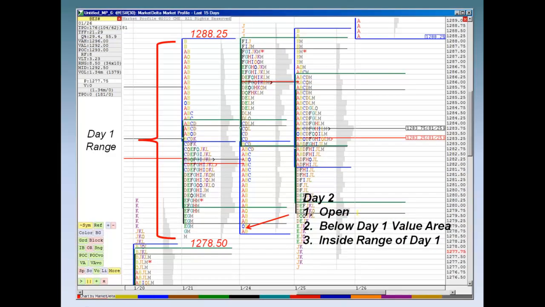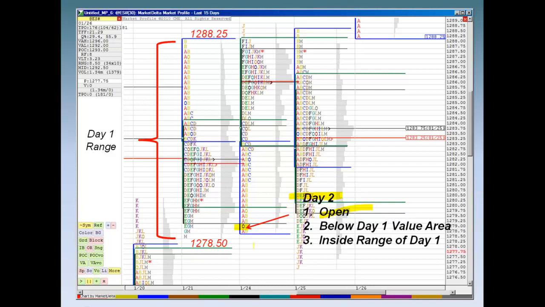All right, now let's take a look at our second day, or day 2, as we decided how we would refer to it. And this is our day 2. The first thing that we're going to look at is the open. Where did we open? We opened down here. The first question that we're going to answer for ourselves is, did we open inside or outside the range of the prior day?